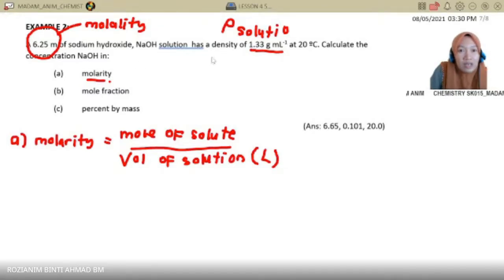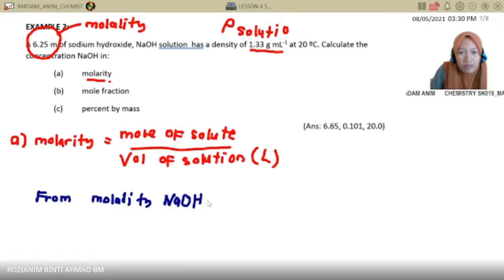Any data the number of mole solute? Tak ada. Kita hanya ada maklumat molality of solution. So, you must take out from the value of molality sodium hydroxide solution.